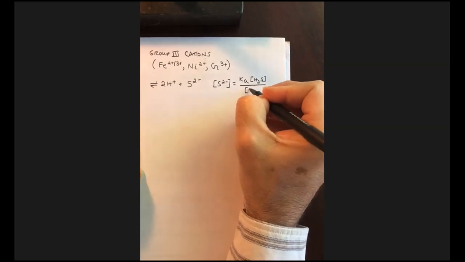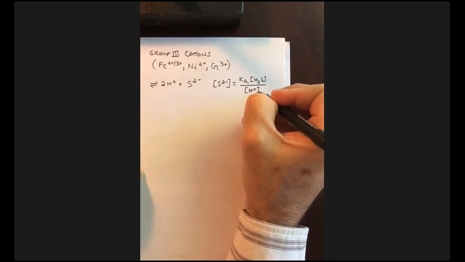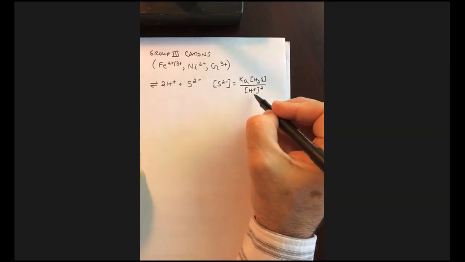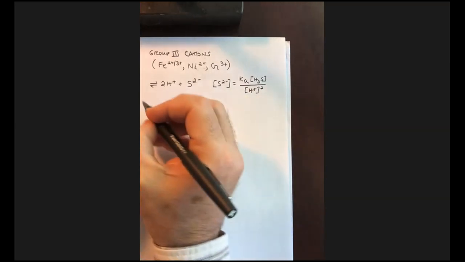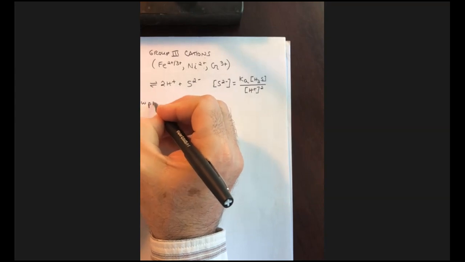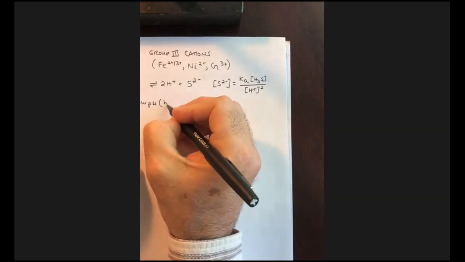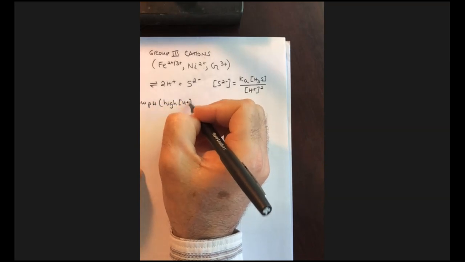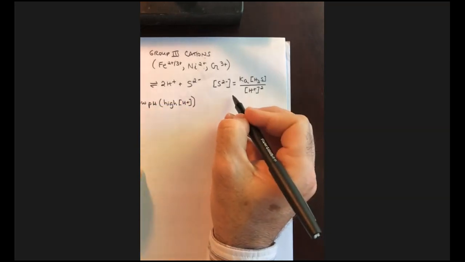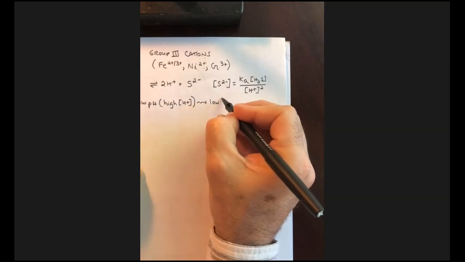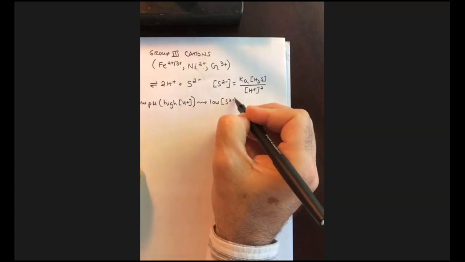We can see that the relationship between sulfide ions and protons is inverse. So if I have, let's say, a solution at a low pH, which means a high concentration of H+ ions, because of the inverse relationship, this is going to generate a low concentration of sulfides.